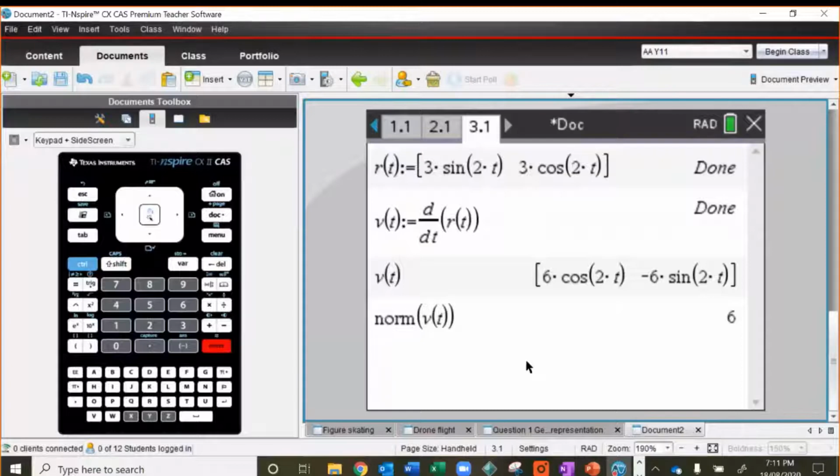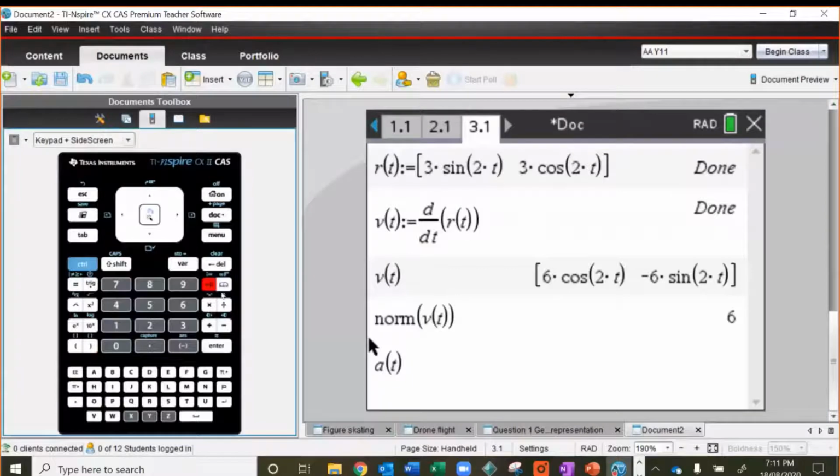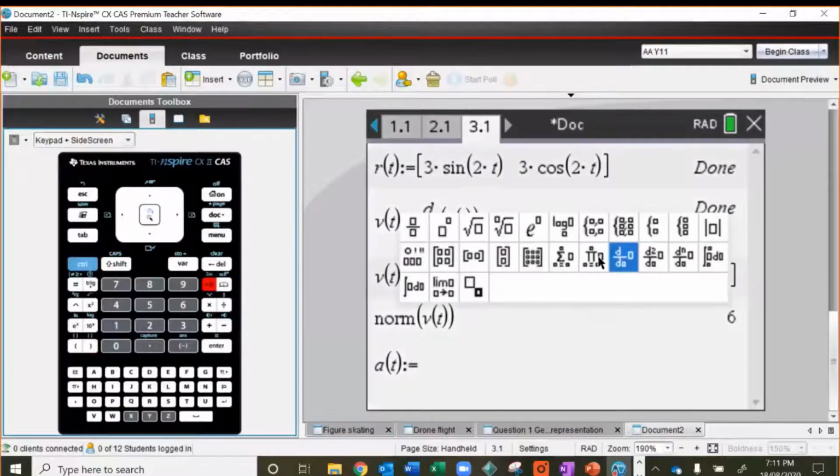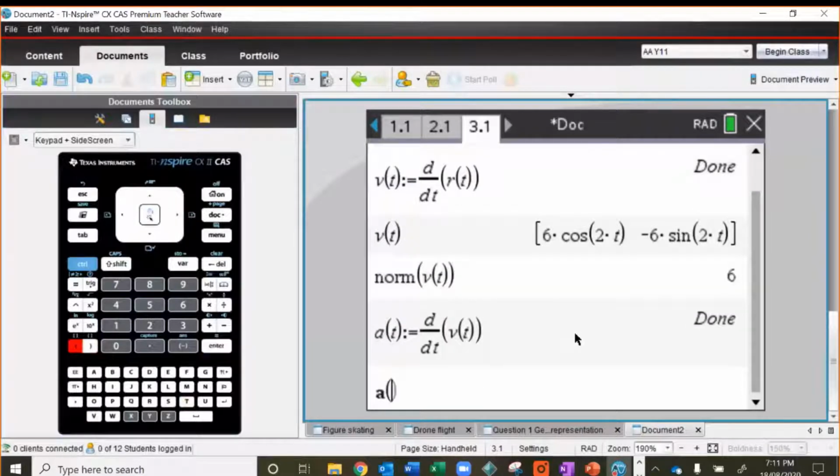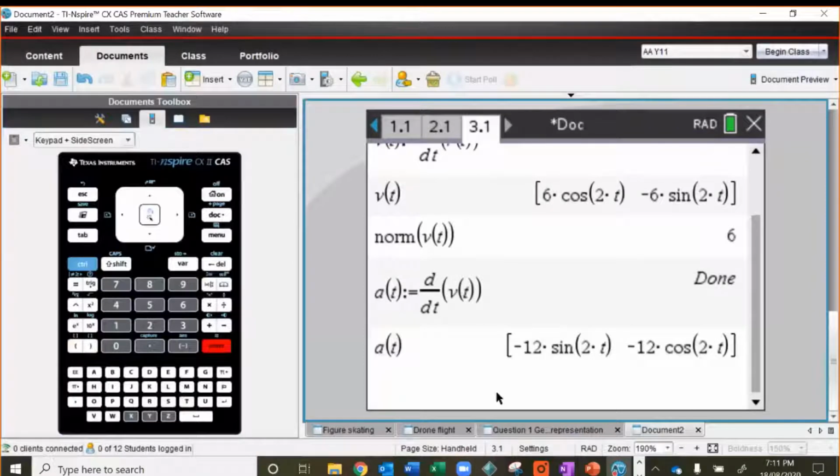And now, how do we show that the velocity is always perpendicular to the acceleration vector? So let's start with finding the acceleration vector. So we have this, and we can differentiate our velocity vector and ask the calculator what it is.